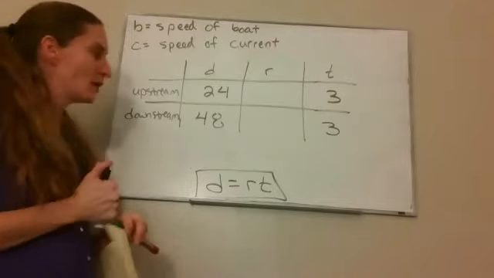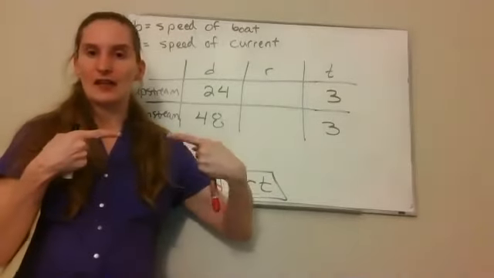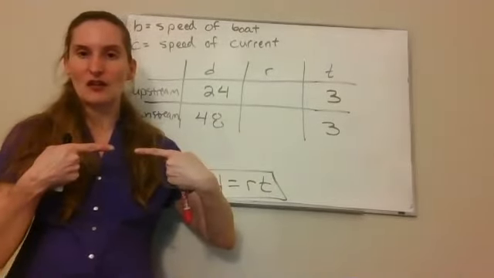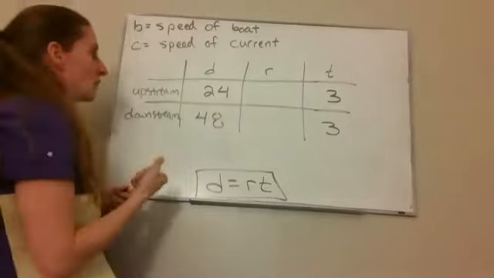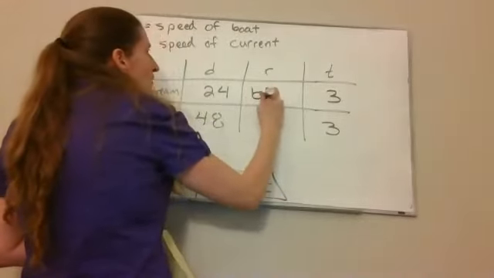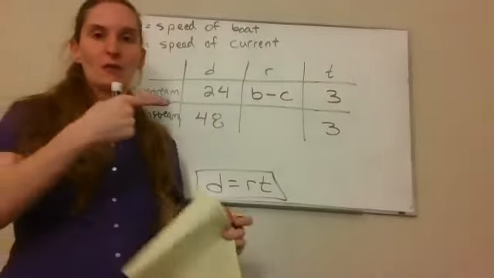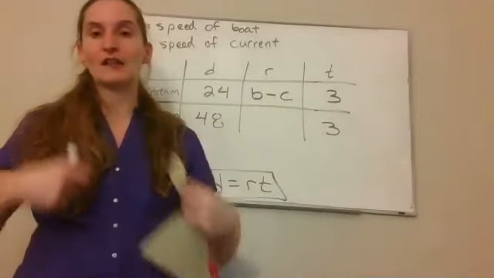Going upstream means that the boat is going one direction and the current's going the other direction. They're pushing against each other. So the boat is going to be traveling overall at the speed of the boat minus the speed of the current, because the boat's going one way and the current is pushing against it, slowing it down.